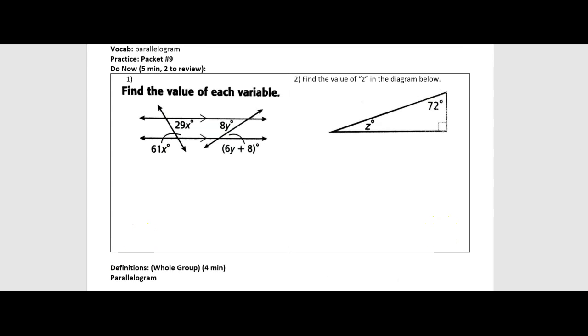All right, so for number 1, we do know that these two red lines are parallel. They have these little arrows here which show that they're parallel. And these two angles here are the two angles that have an x in them. So we need to see what the relationship is. Those are both inside the parallel lines.